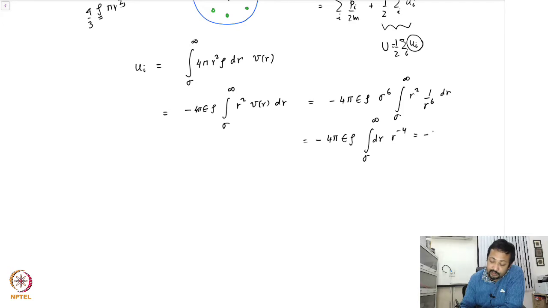That is a very trivial integral: 4 pi epsilon rho, r to the power minus 3 divided by minus 3, from sigma to infinity, and when you put in the limits, this gives you minus 4 by 3 pi epsilon rho, I missed a sigma 6 factor, sigma 6 over sigma cube, which is minus 4 by 3 pi epsilon rho sigma cube.